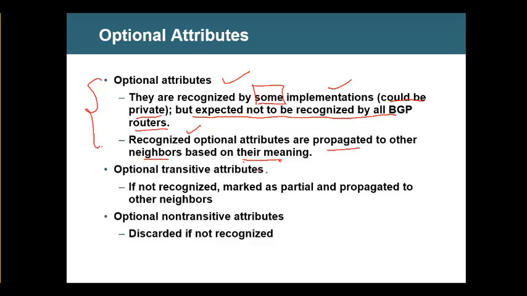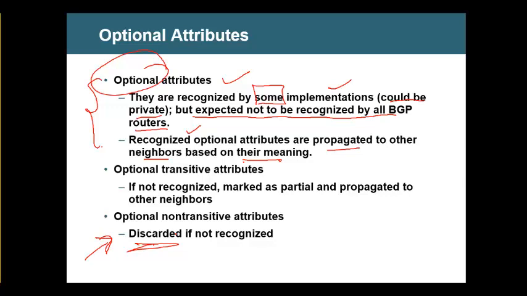Now in that optional attribute, there are two subcategories depending on the receiver. If a receiver says, though it is an optional one, I must see that. If I don't see that, I will discard the update.